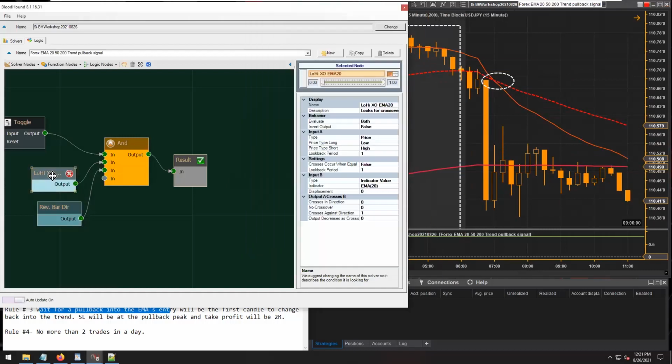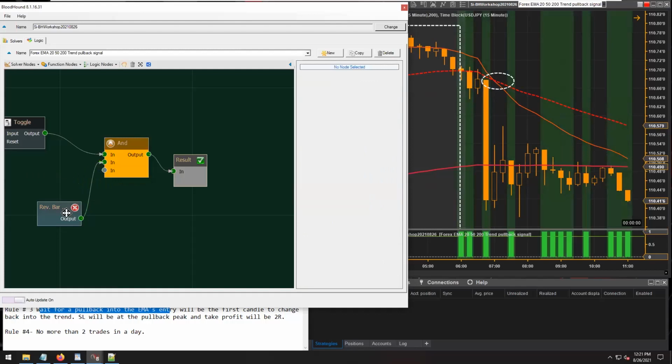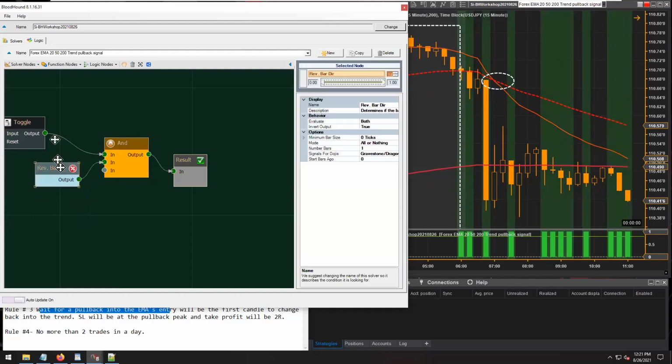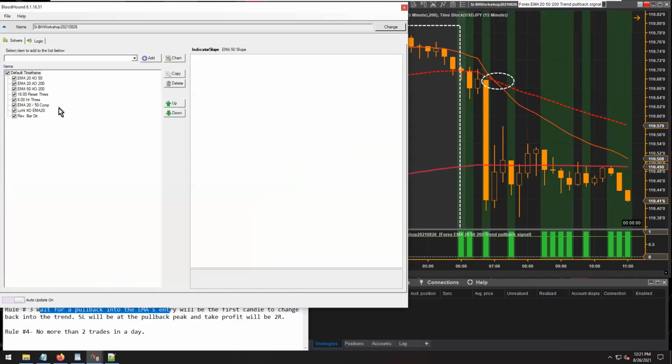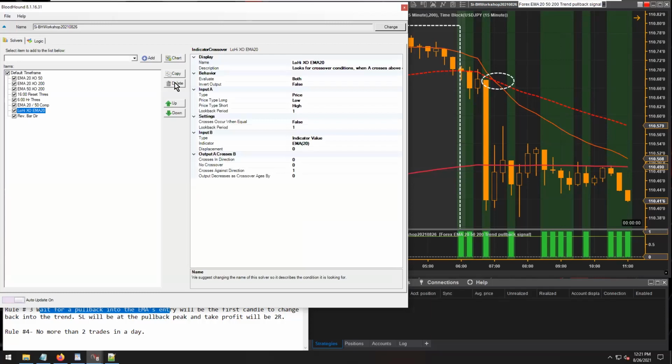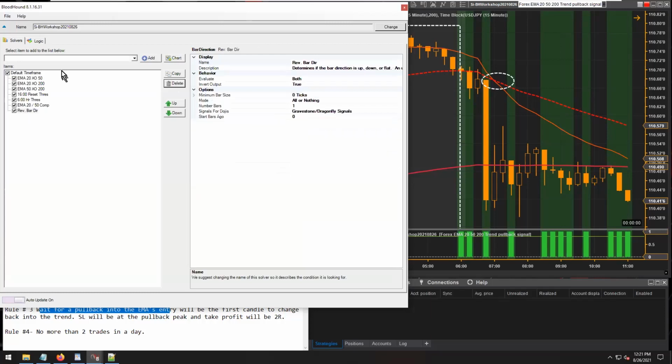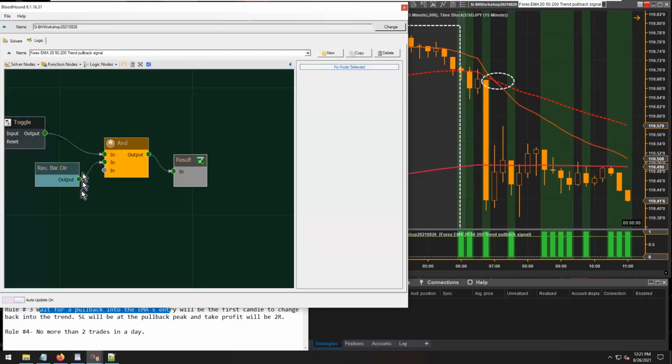All right, so let's take this out of the equation here. Let's get rid of that. And I'm going to go to my solver tab and I'm going to remove that crossover, and we'll just use a comparison solver.